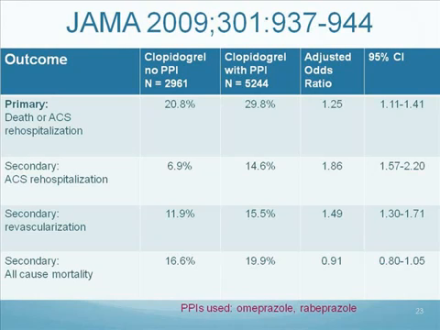And so the primary endpoint was primarily driven by these rehospitalizations for ACS. Now, because this is a VA, it has a fairly restrictive formulary, and so the PPIs that were primarily used were listed at the bottom of the slide here, and the majority of patients were receiving omeprazole.